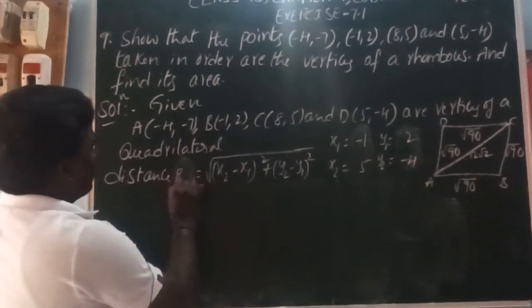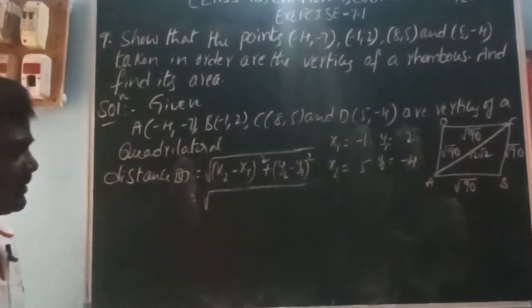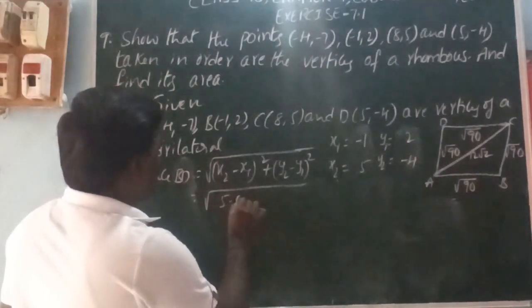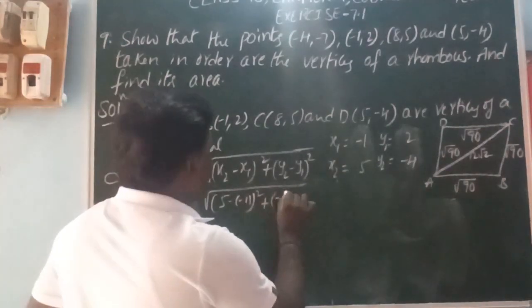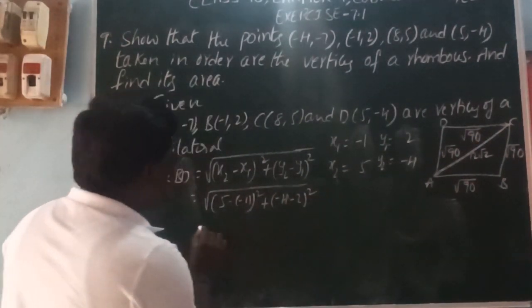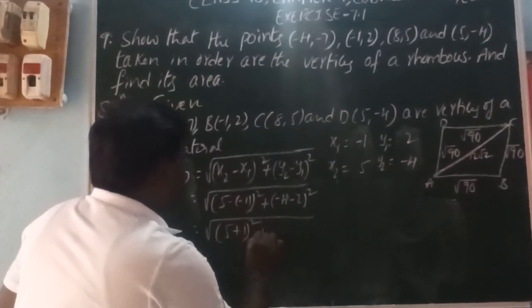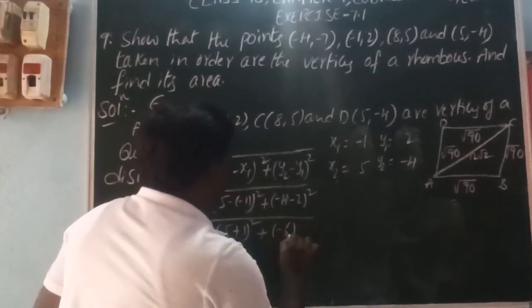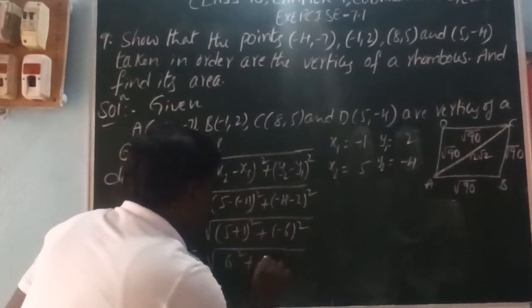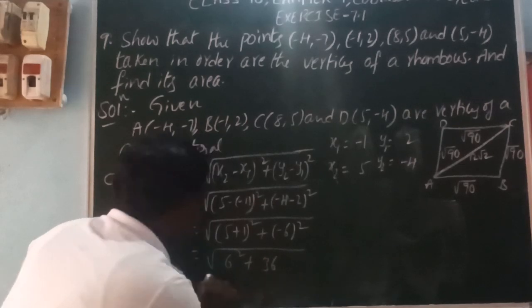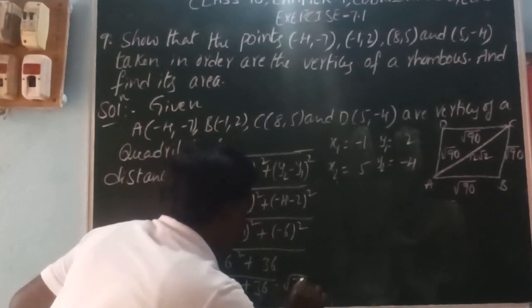So the distance of BD is the square root of (x2 minus x1) whole square plus (y2 minus y1) whole square, that is (5 minus (-1)) whole square plus (-4 minus 2) whole square. So 5 plus 1 is 6 squared, and -4 minus 2 is -6, whole square 36. So square root of 36 plus 36 is square root 72.